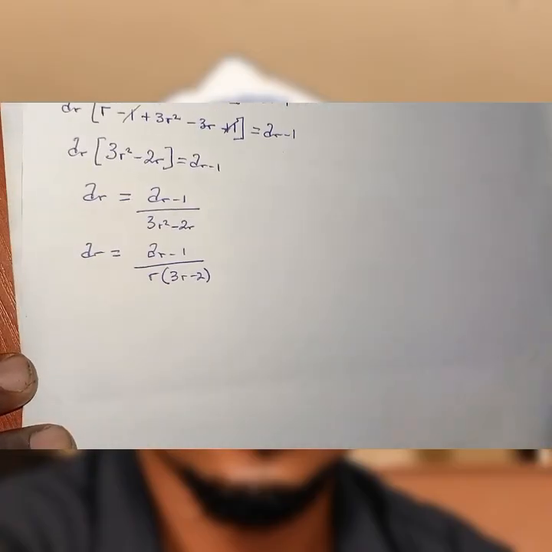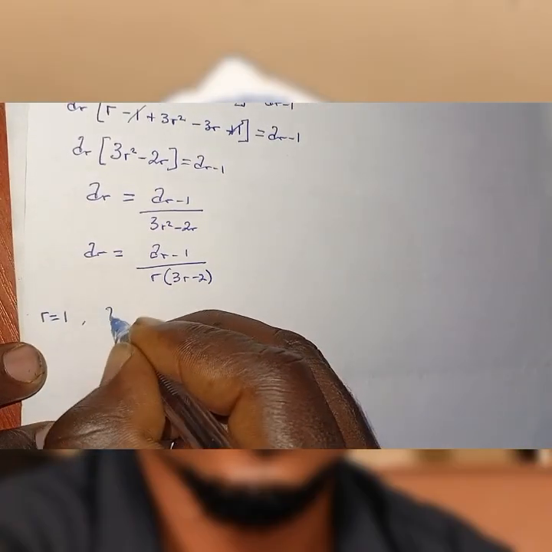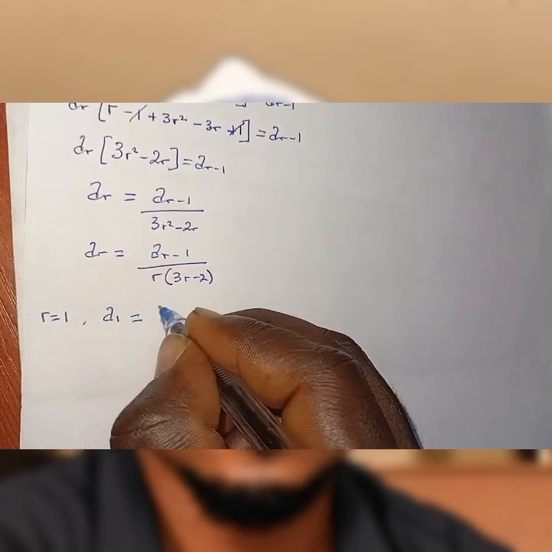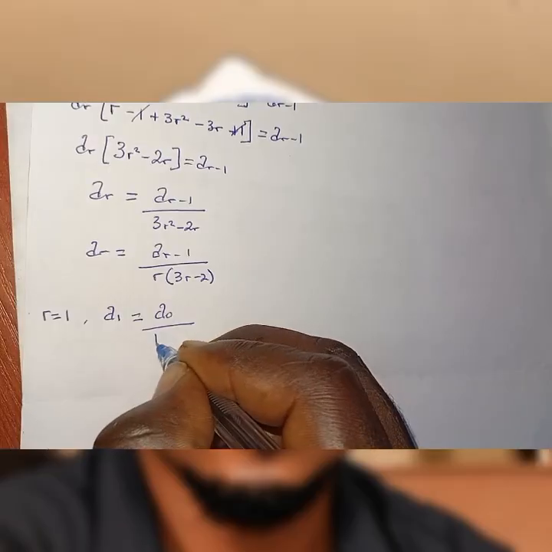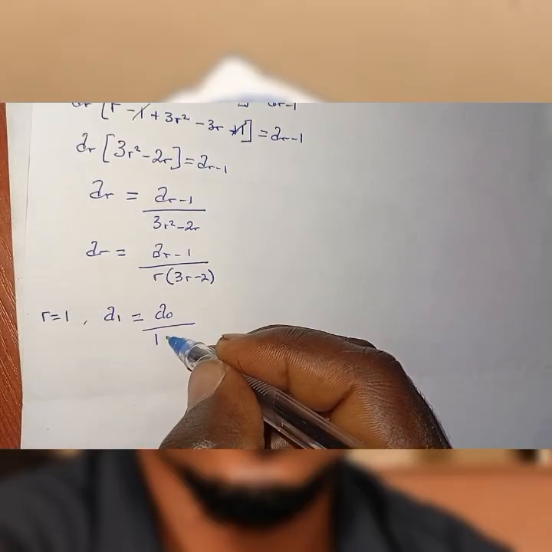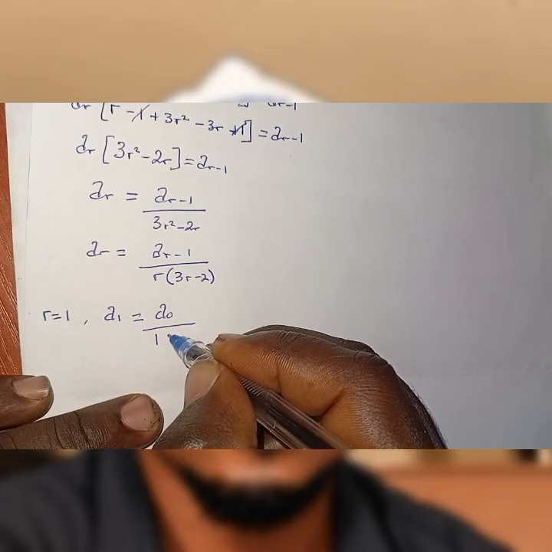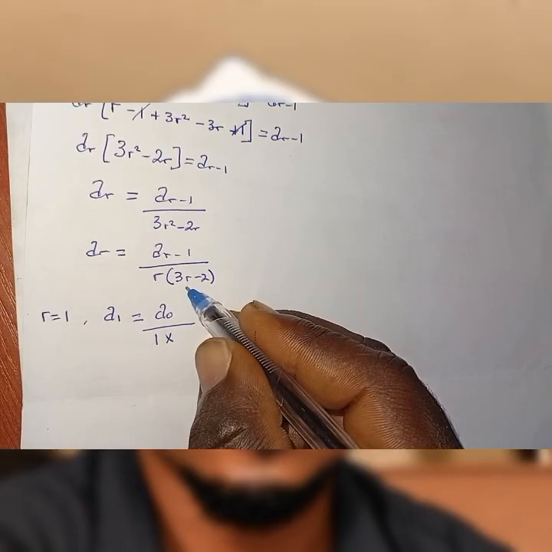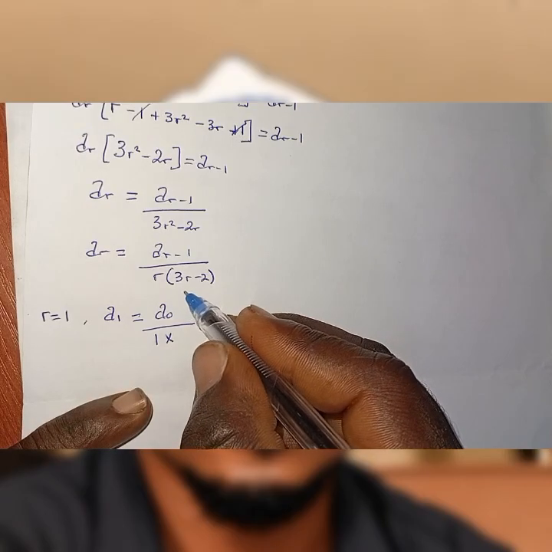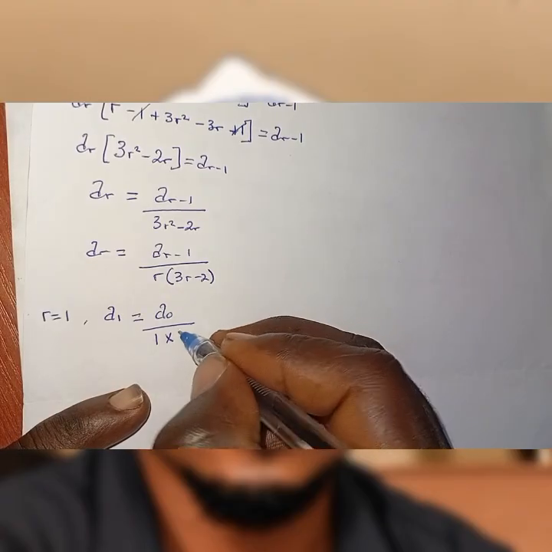Now let's start with when r equals 1 again. So we have a1 equal to a naught over 1 multiplied by, if I put 1 here, it's going to give me 3 times 1, that's 3, minus 2, 1.